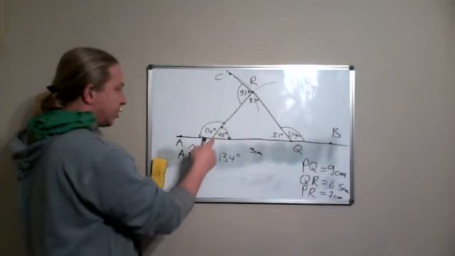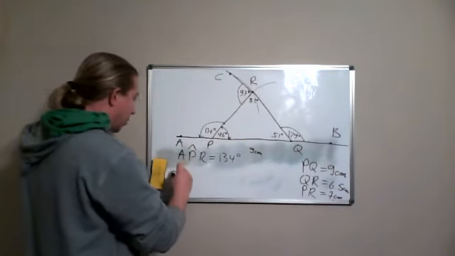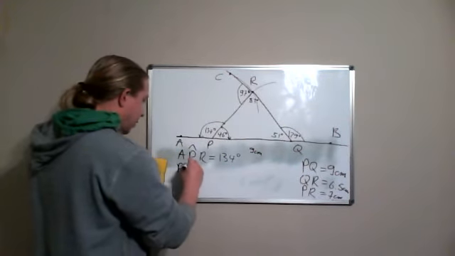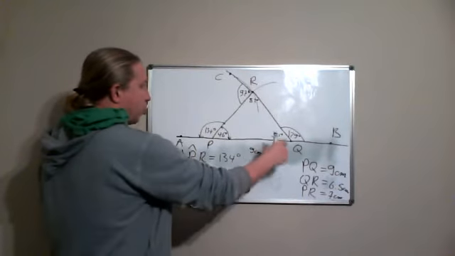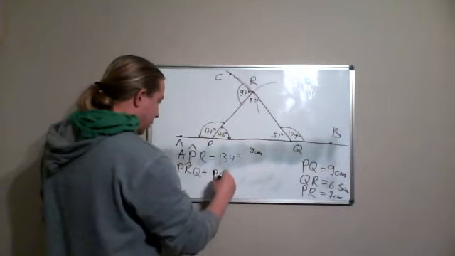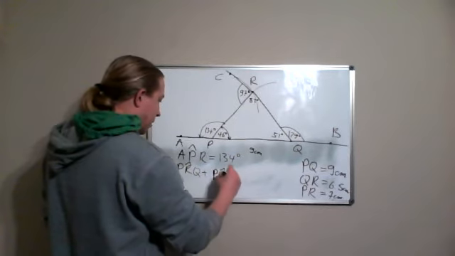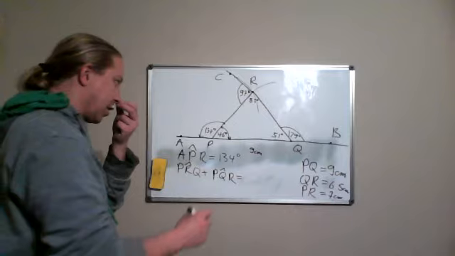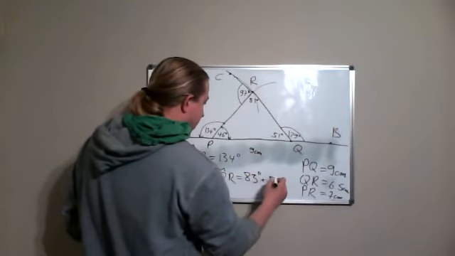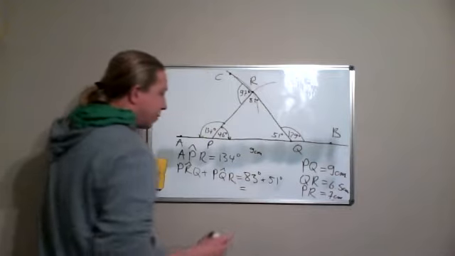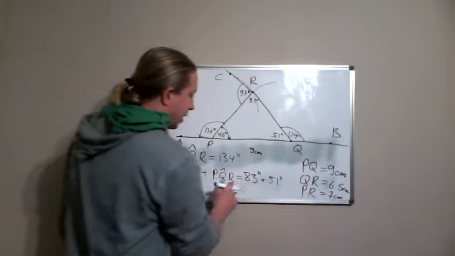So let's do that. PRQ plus this angle PQR equals. What does it equal? 83 plus 51. And we're going to add them. I'll do it over here.